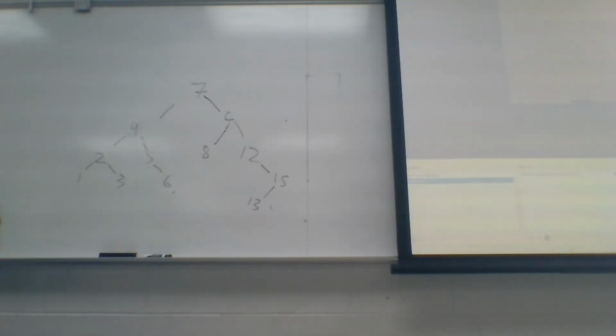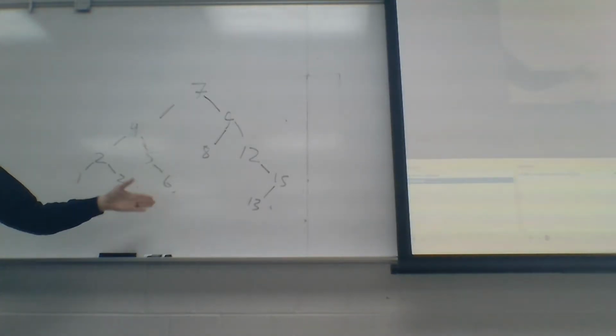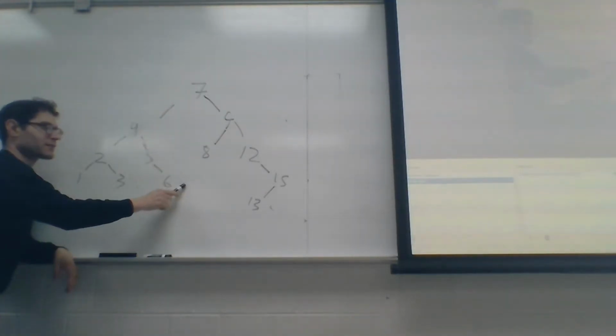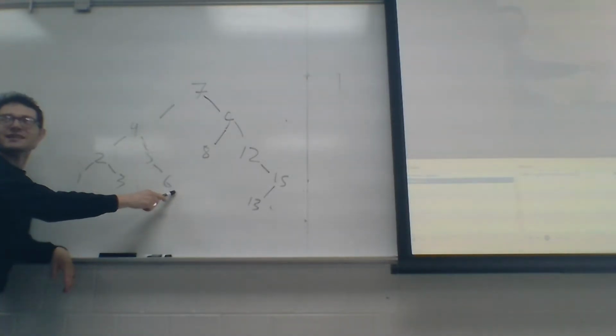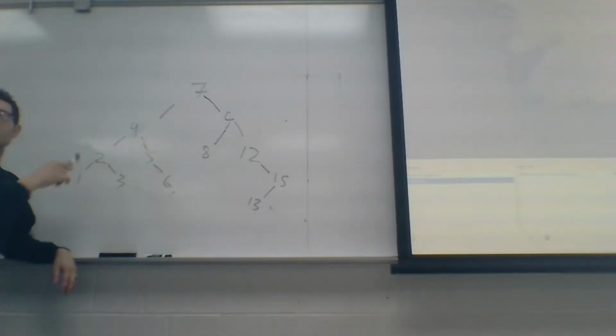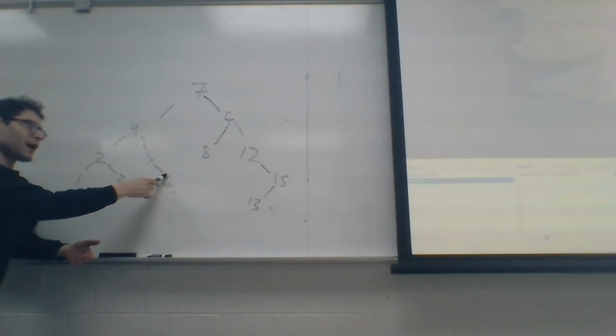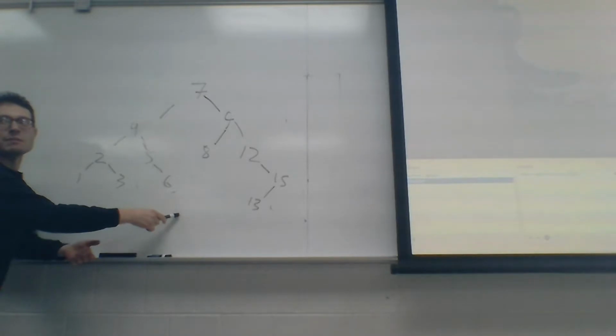Once you can't go to the right anymore, you found the biggest thing that's smaller than you, right? So step to the left, all the way to the right. This is the biggest thing in the subtree, and I can kind of prove it, right? If it wasn't the biggest, if it had a right child, that thing would be bigger, so that thing would be the biggest thing.